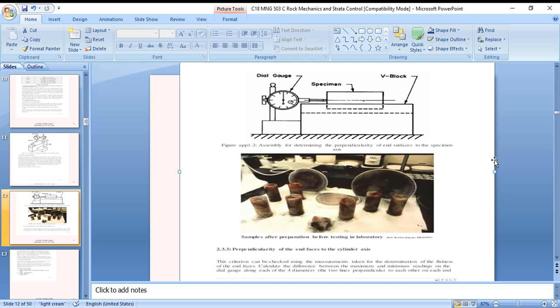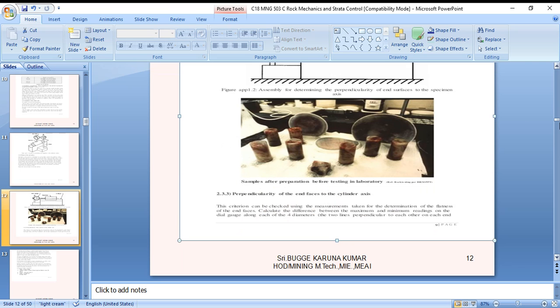Samples after preparation, before testing in the laboratory, check the perpendicularity of the end face to the cylinder axis. So these are sample preparation. A dial gauge is used to measure the angle of the block.